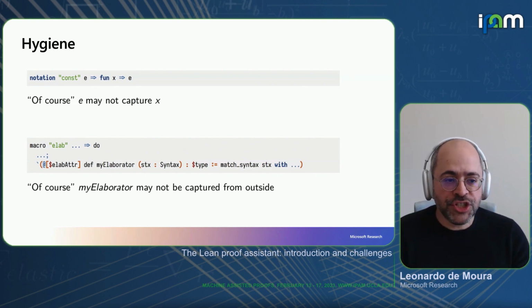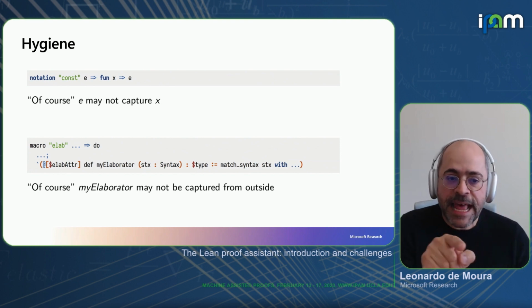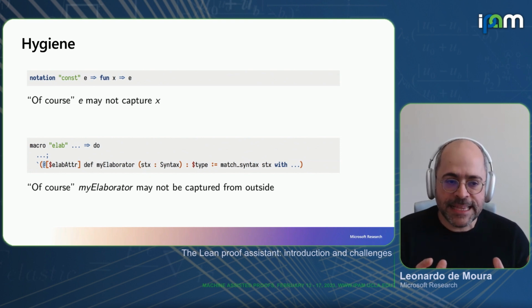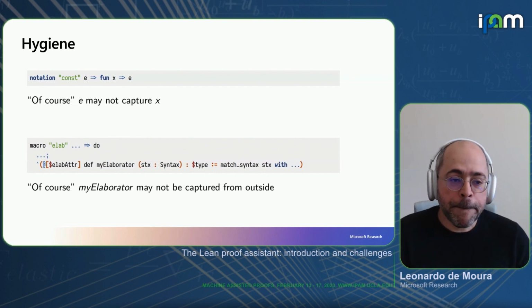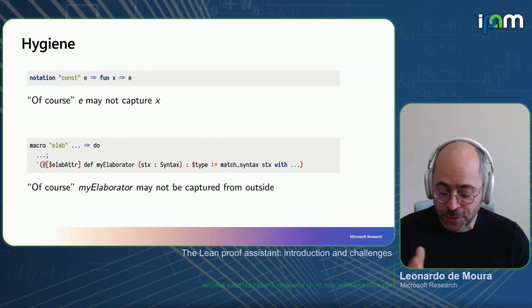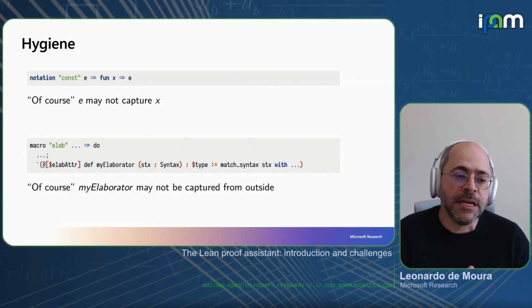And you're saying that const E should be expanded into fun X arrow E, basically saying that given an X, you're always going to return E. But suppose that E contains the variable X. You don't want it to be accidentally captured by this X here, because otherwise it would not be a constant function. And we make sure that this will not happen.